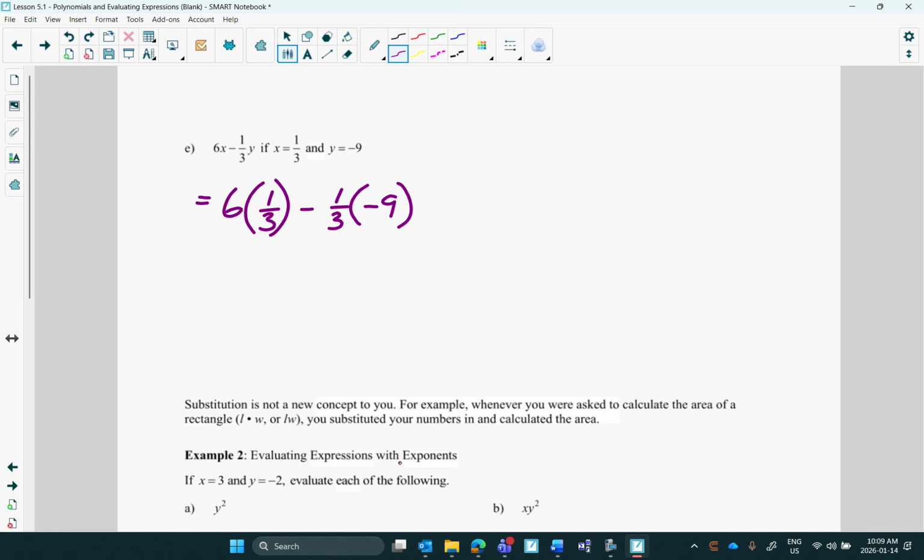Well, we got fraction multiplication here, so I'm going to make this over 1, and then I'm going to multiply those, simplify them, and subtract. What is 6/1 times 1/3? 6/3, which is 2. So the whole thing simplifies to 2.